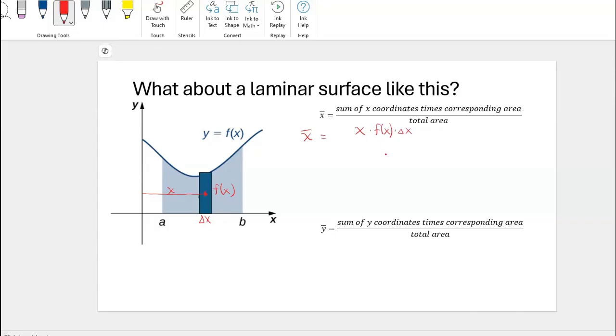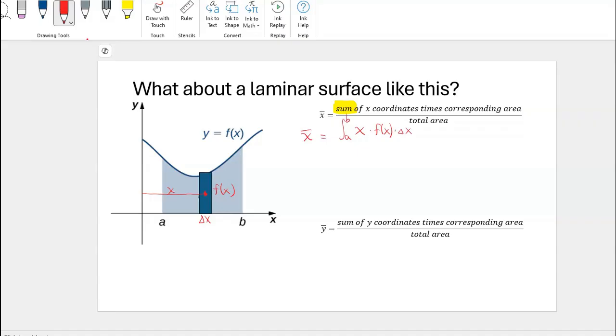Now, how does an integral come into play? Well, our formula says we're going to need a sum. What we've been learning over the last unit or so is anytime that we're adding up a bunch of these rectangles, what we're really doing is finding the integral over some bound. So our integral from a to b of that piece.